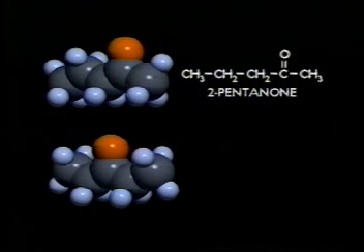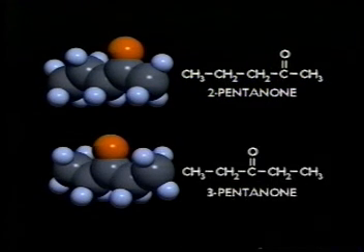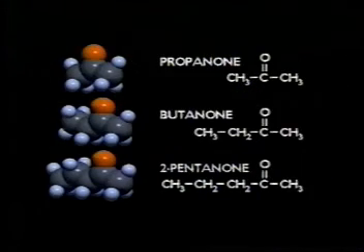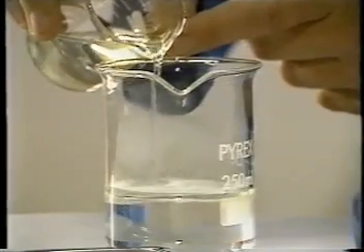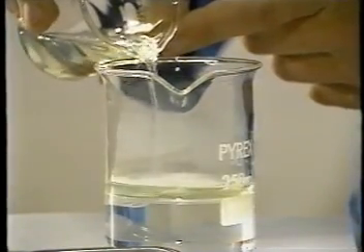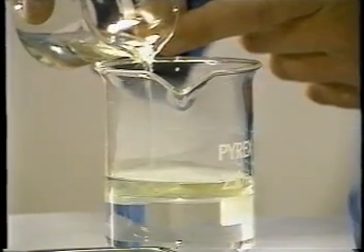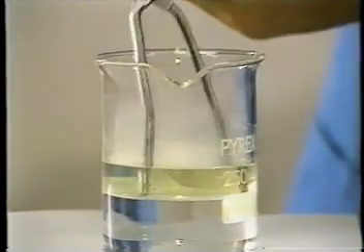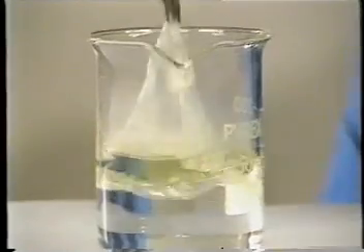From pentanone on, the oxygen can be on different atoms, so the name changes, like 2-pentanone and 3-pentanone. There is no need for a number on the first 2, as there is only one choice of carbon, the C2. Alkanones also have solvent properties. Propanone, commonly known as acetone, is used as a cleaner and solvent in the production of rayon.